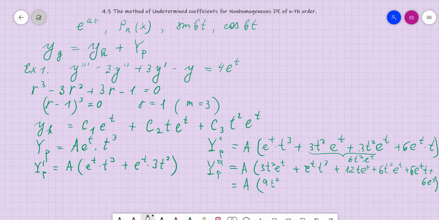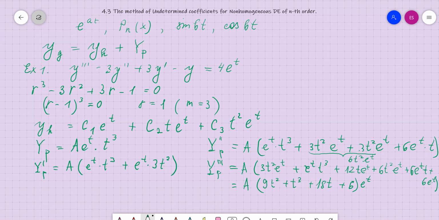So 3 plus 6 is 9t squared. This term is going to be t cubed. Now the term with t is going to be 12 plus 6, which gives me 18t, and the last term is just 6, and it's multiplied by e to the power of t.